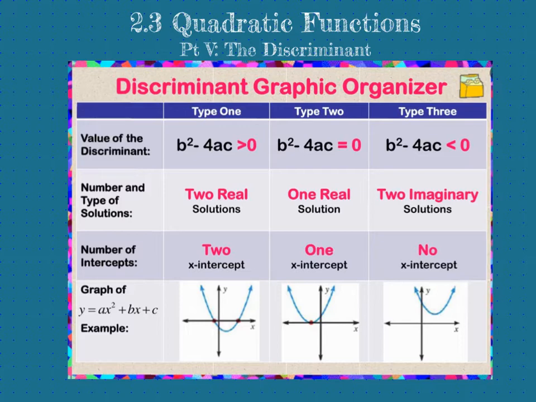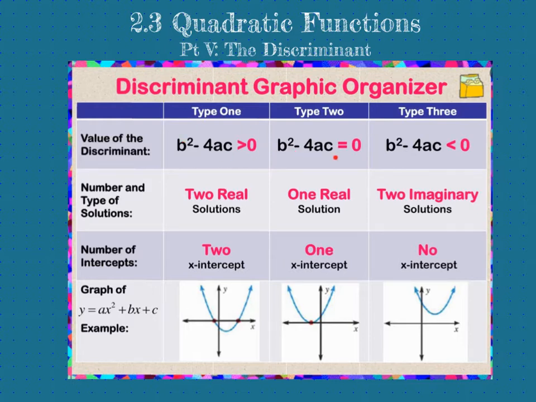Okay, here is a graphic organizer that I found online, and I don't love this first line of it. Also, type 1, 2, and 3 is kind of unnecessary. In your notes, what I recommend doing is writing the value of the discriminant, number and type of solutions, what it tells us, how many intercepts that means we have, because remember, solutions are the x-intercepts, and an example of the graph.